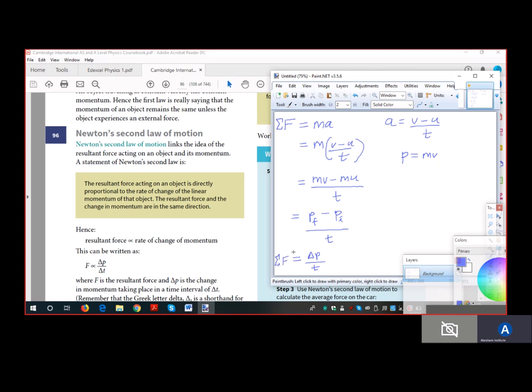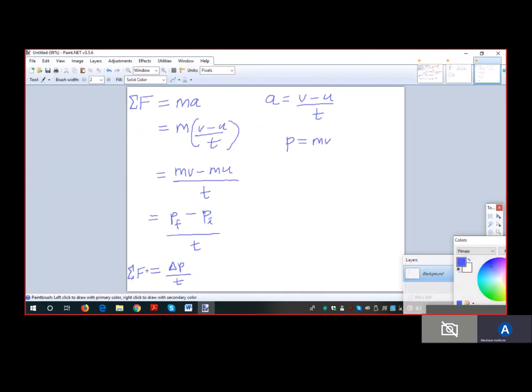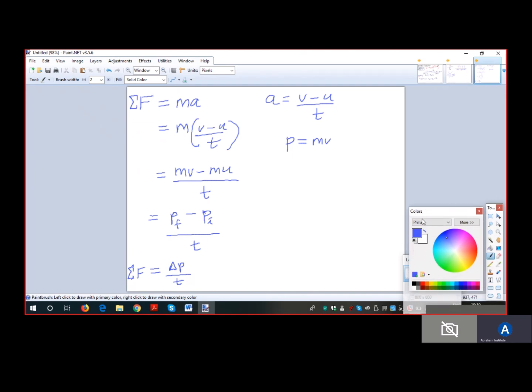What you can see here is that this is the resultant force, and this over here is the change in momentum. This word resultant is very important, because this is not just a force, it's the net force.